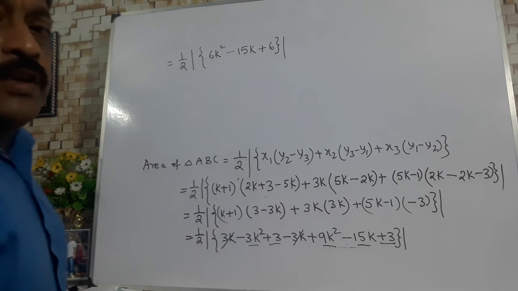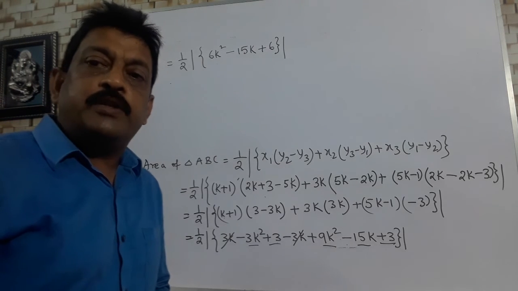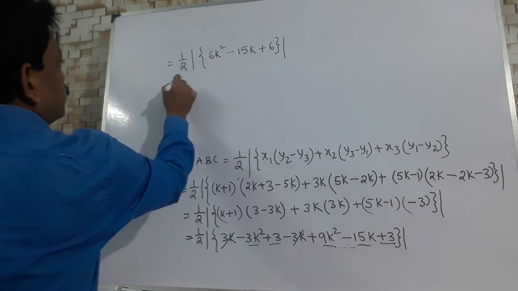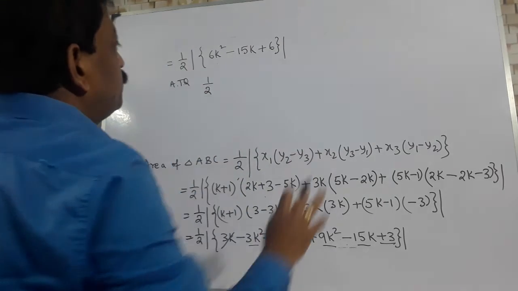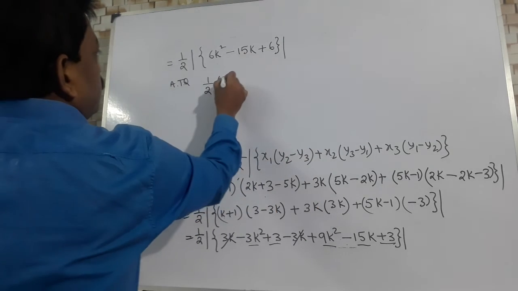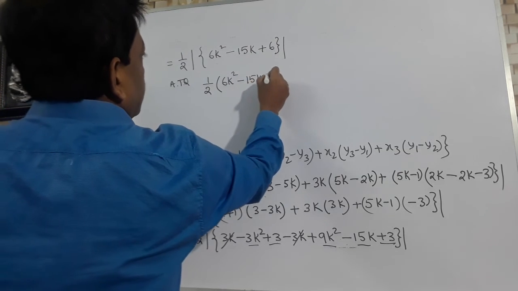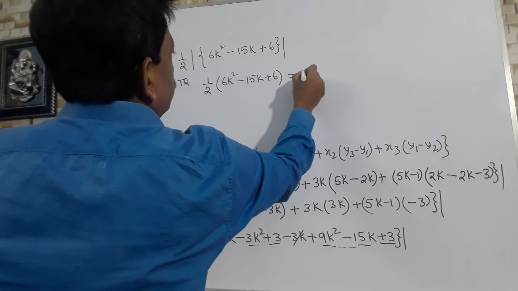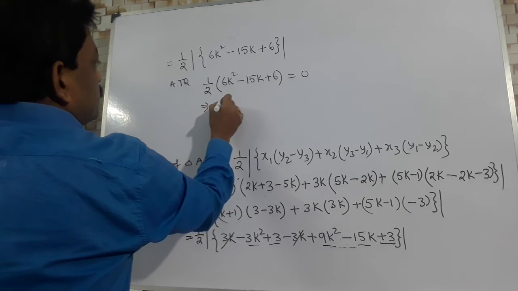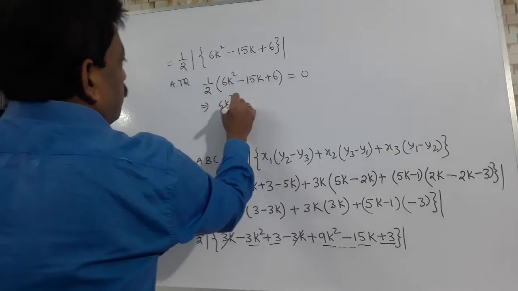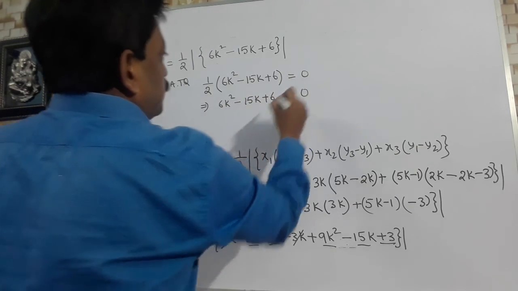Now it is given in the question that the points are collinear. Naturally the area formed will be 0. So according to the question, half, I am removing this modulus sign, so 6k square minus 15k plus 6 equals 0.